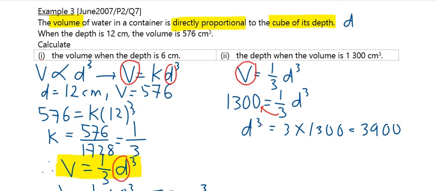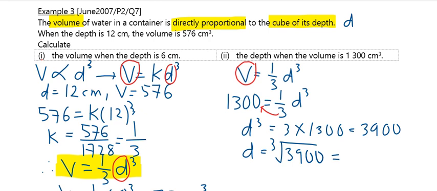Now when you have a look at d cubed equals 3900, obviously you have to make the cube move to the other side, so the opposite of cube is cube root. So d will become cube root 3900, and you can have an answer that has quite a lot of digits.